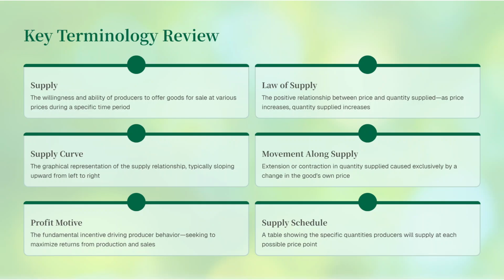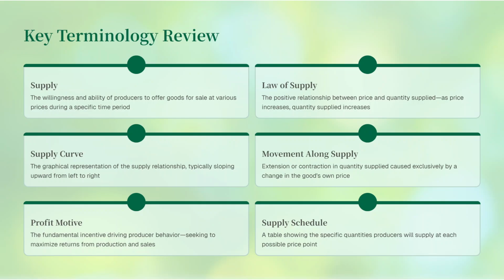Supply, the willingness and ability of producers to offer goods for sale at various prices during a specific time period. Law of supply, the positive relationship between price and quantity supplied. As price increases, quantity supplied increases. Supply curve, the graphical representation of the supply relationship, typically sloping upward from left to right.